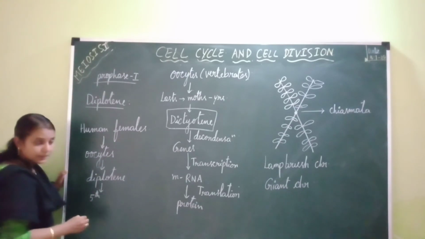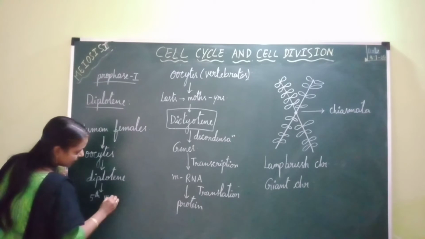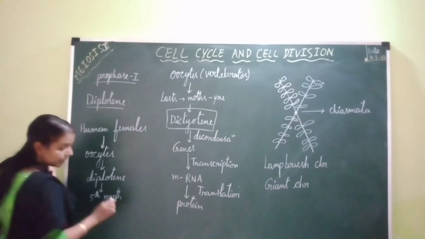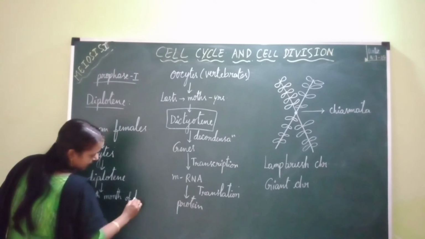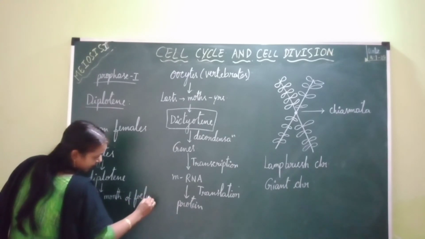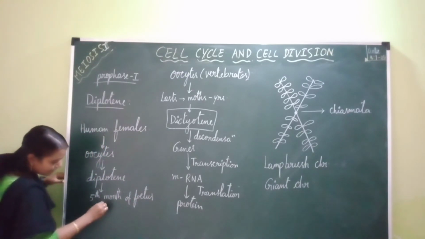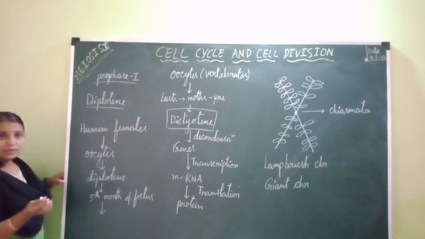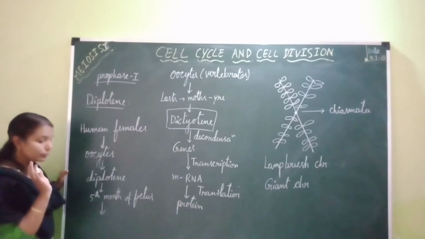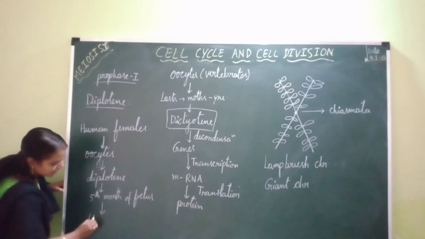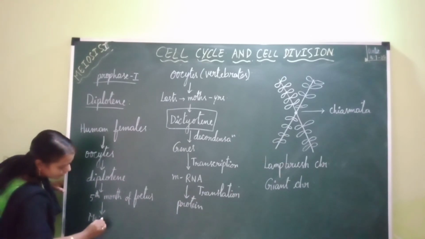After reaching the Diplotene stage at the 5th month of the fetus, this Diplotene stage is suspended, and the meiosis will be resumed during the time of ovulation or at the time of puberty.